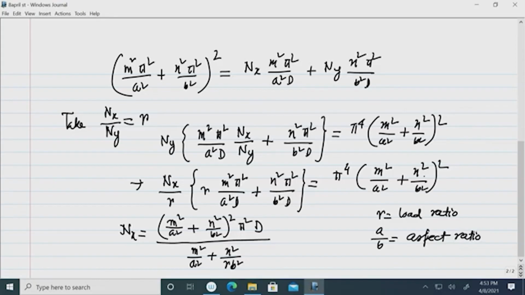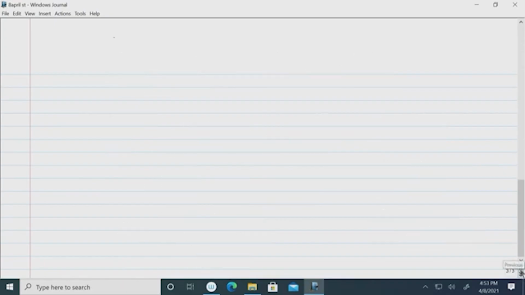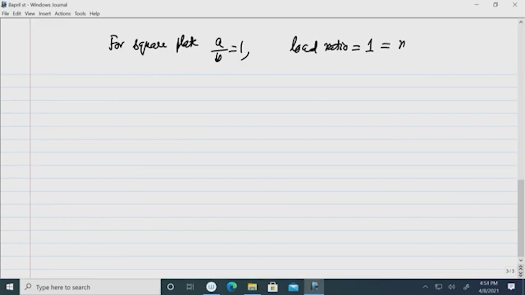Okay. Now, we have to solve a problem of a square plate. So, let us take this. For a square plate, a by b is equal to 1, and we have taken load ratio as 1 for this problem, that is R is equal to 1. Load ratio means R. Okay.